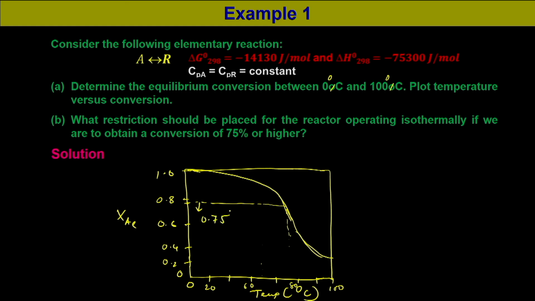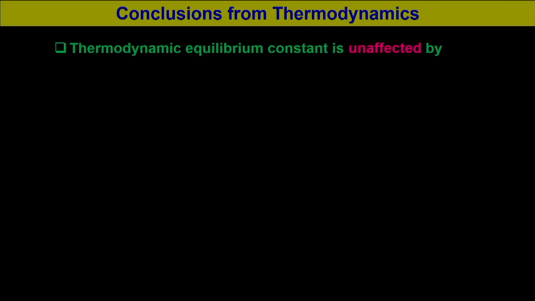So, this temperature T is about 78 degrees centigrade. So, if we had to achieve this 75% conversion or higher, we had to be below this temperature. That means, the T should be less than 78 degree centigrade.